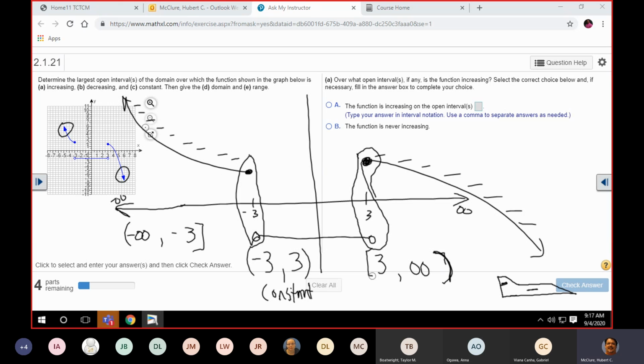So basically, this is continuous from negative infinity to positive infinity. Range, you've got a dot here at whatever that is, -2. But it's covered because of these two arrows. So the range is negative infinity to positive infinity.